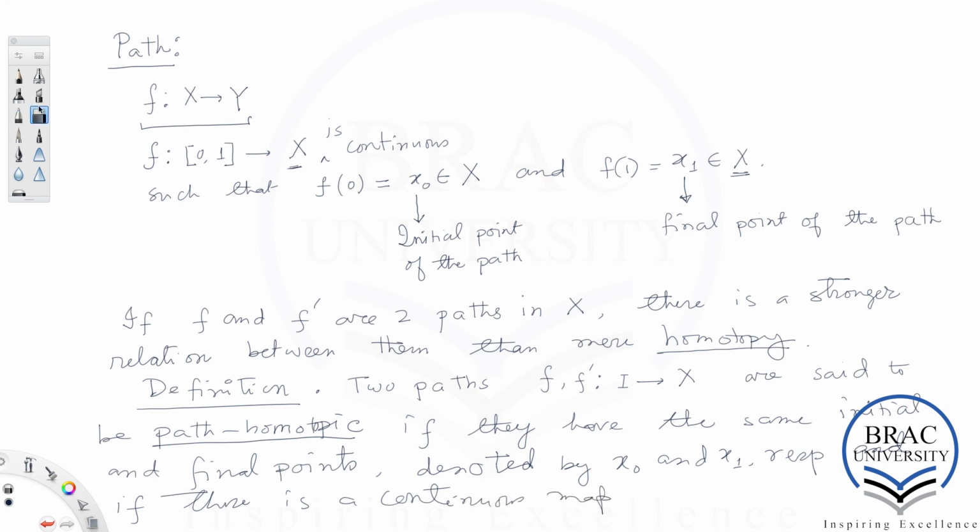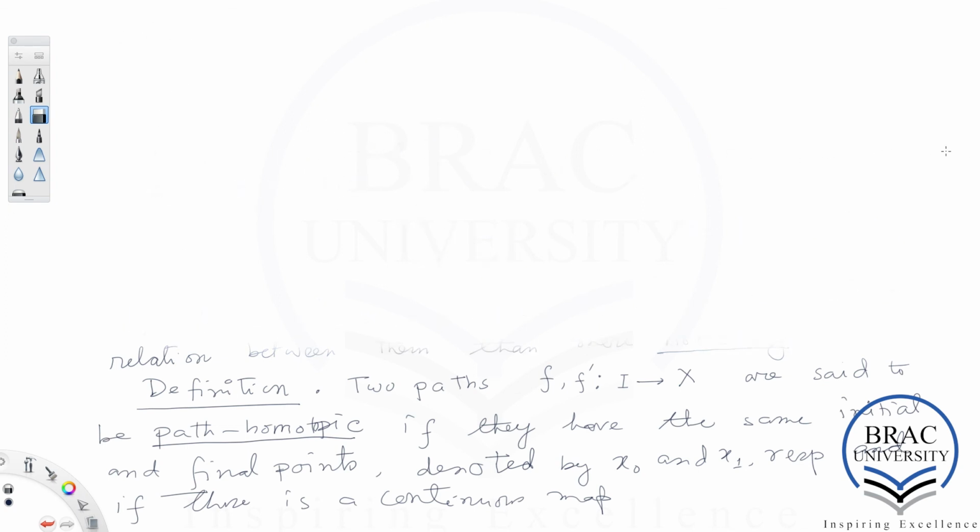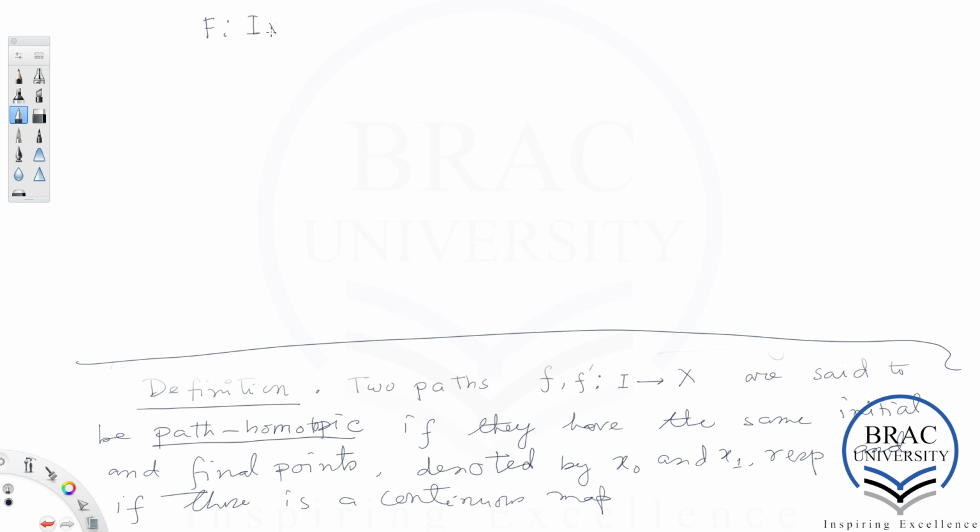If there is a continuous map, a big F, from I cross I to X, such that four conditions are met. Big F of s, 0 is going to be equal to small f of s, and big F at s, 1 is equal to f prime of s.